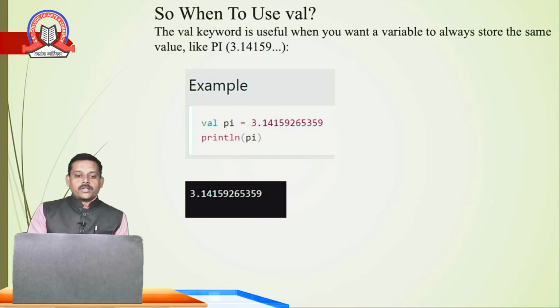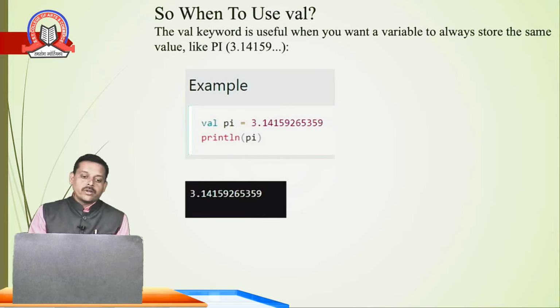So we have already seen why to use val. Let's see when to use val. val is a keyword which is useful when you want a variable which always stores the same value, like the pi value never changes, it's a constant value. So whenever we have a variable which contains a constant value throughout the function or throughout the program, in that case we can declare that variable with the help of the val keyword.